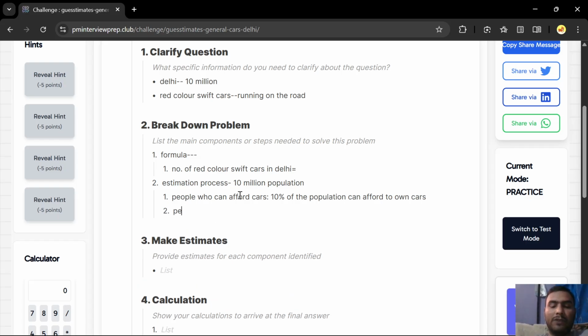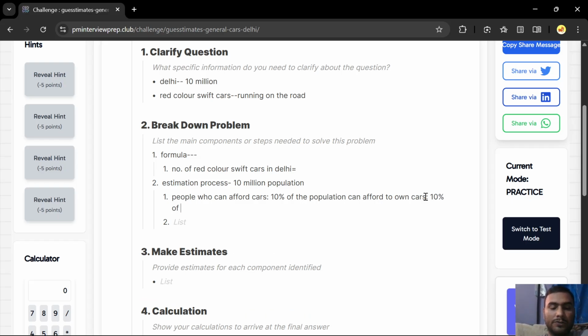Now we have got a number on this. The number could be 10% of 10 million, that is, I think, 1 million people.